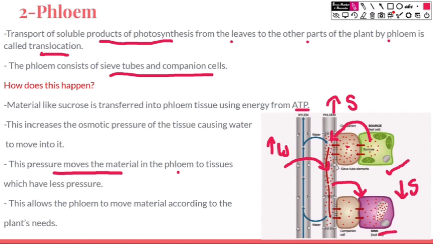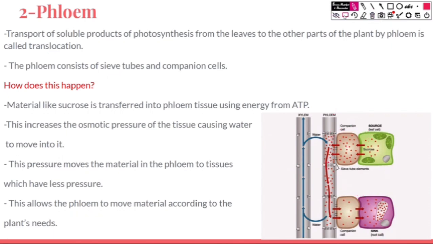So this is how translocation works. This allows the phloem to move material according to the plant's need. Wherever sucrose is less, the phloem will move the sucrose in that place with the help of translocation. This is what is happening in xylem and phloem.